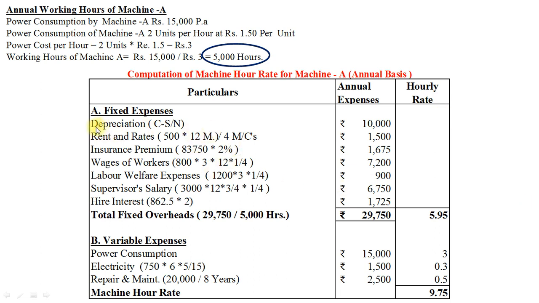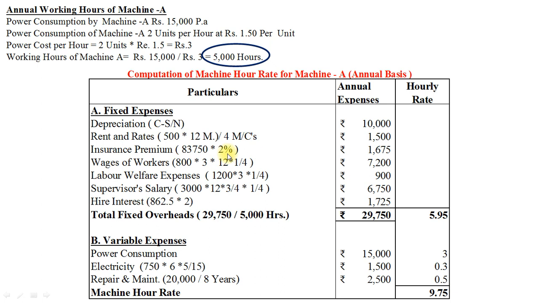First, as a fixed expense we are taking depreciation, and our formula is (C minus S) upon N. Already we have discussed, rupees 10,000. Rent and rates 500 rupees per month, multiplied by 12 months, divided by 4 machines. So rupees 1,500 for machine A. Same way, insurance premium: 83,750 is the value of machines, multiplied by 2%. My dear students, in the question we are given 0.5% for 3 months.